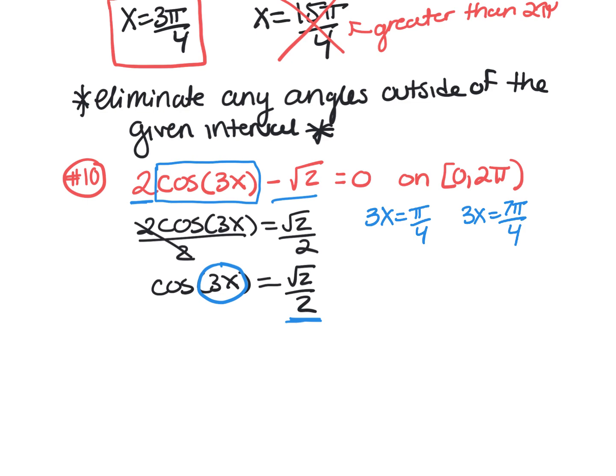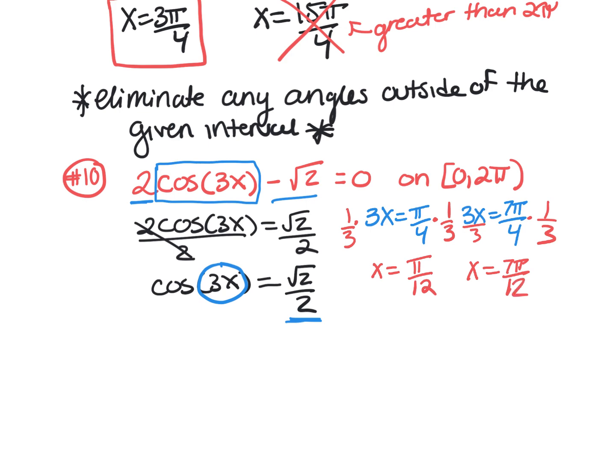So we set both of those equal to 3x, and then we solve for x. Then we can deal with the 3. Divide both sides by 3, or dividing by 3 is the same as multiplying by 1/3. That's a little easier for you if you don't want to worry about double-decker fractions. So we should end up with x equals pi over 12, and x equals 7 pi over 12.